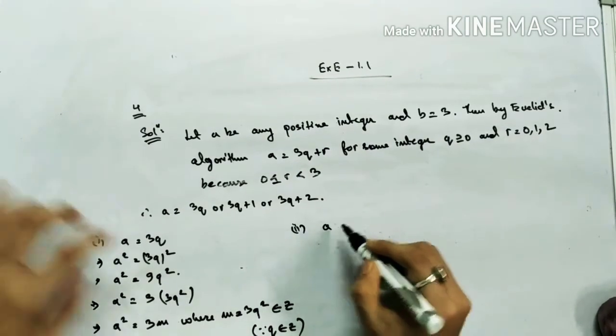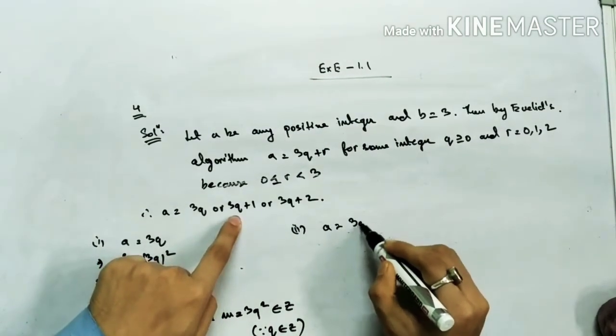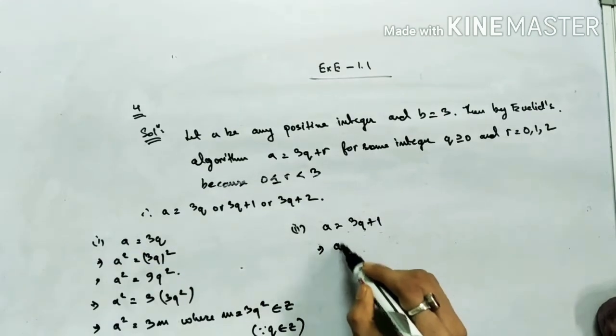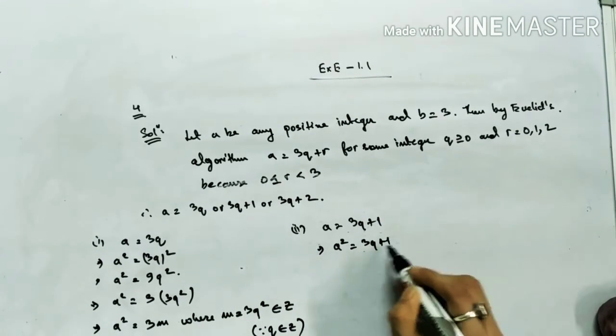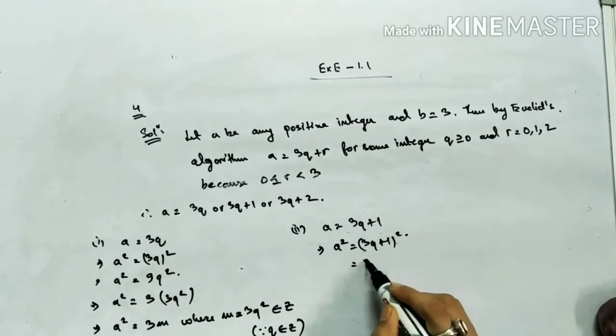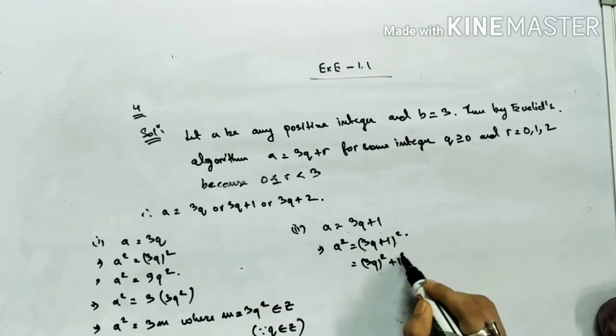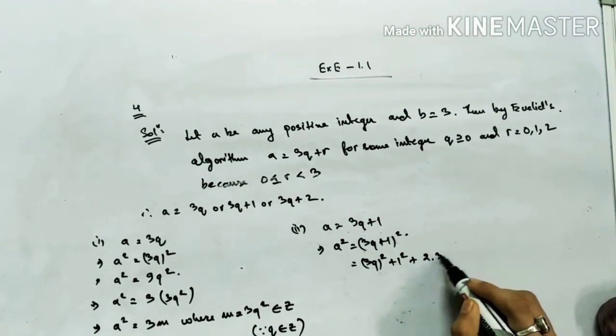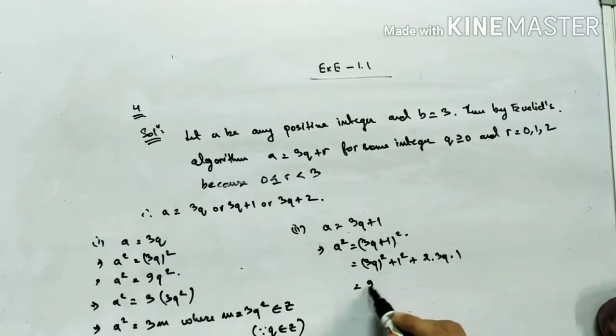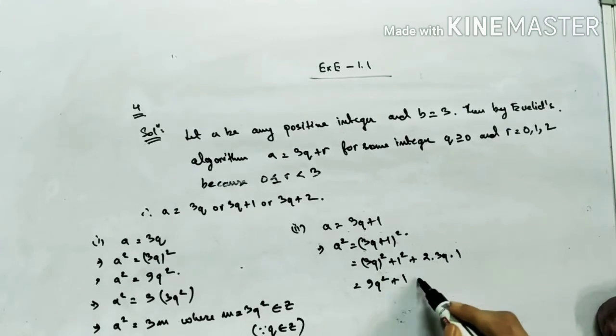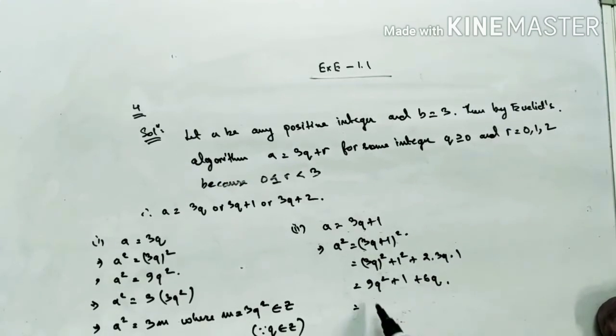Next I will take a is equal to 3q plus 1. Now squaring both sides, I get 3q the whole square plus 1 square plus 2 into 3q into 1. This is 9q square plus 1 plus 6q, which I can write as 9q square plus 6q plus 1.